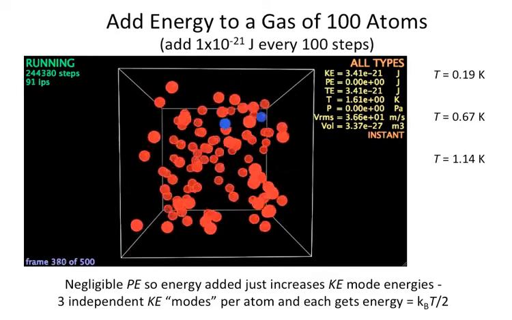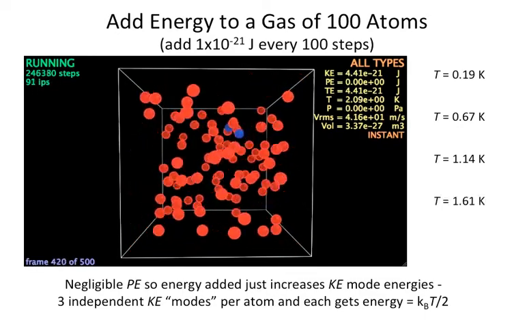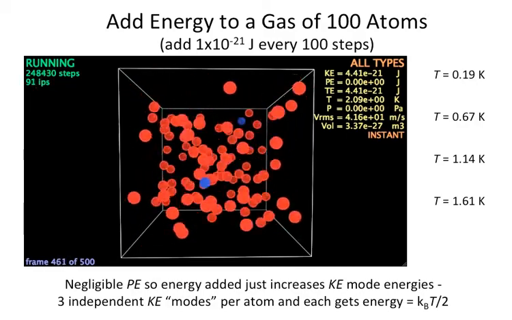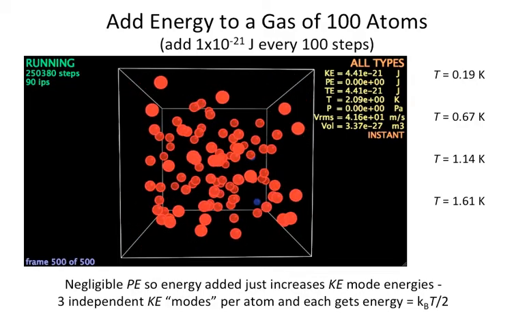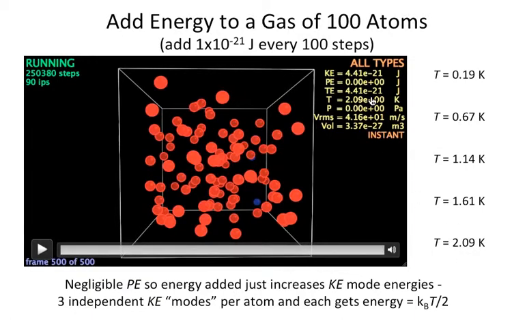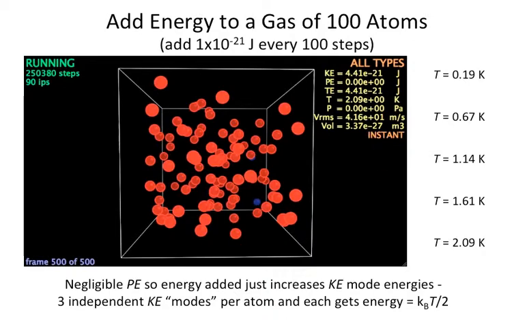The fourth 100 steps, higher temperature still, moving faster still, and that'll be the end. So we move from 0.19 Kelvin up to, oops, I forgot the last one, up to 2.09 Kelvin. 2.09 Kelvin is the temperature we're at the end.